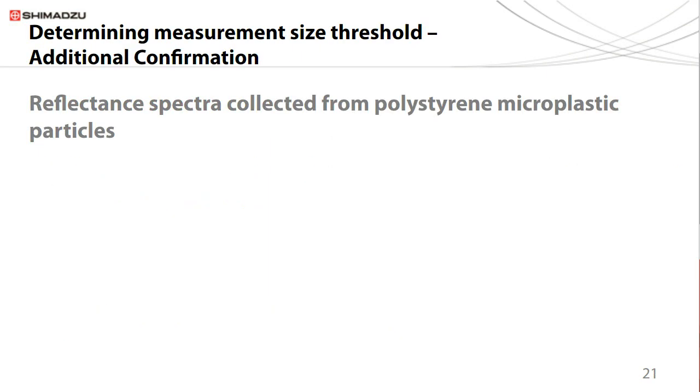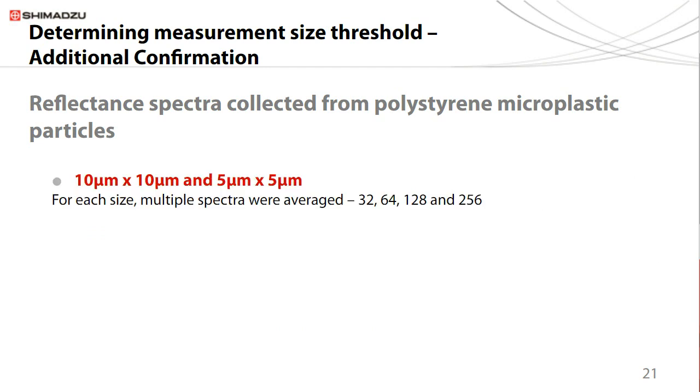To further confirm the measurable size threshold, another study was carried out with sample sizes of 5 by 5 microns and 10 by 10 microns. In this study, the number of scans averaged to obtain a spectrum was gradually increased.